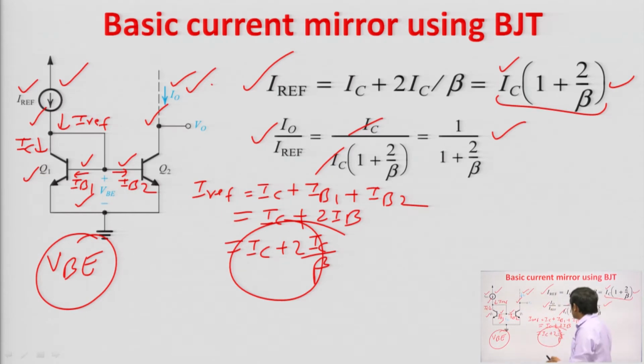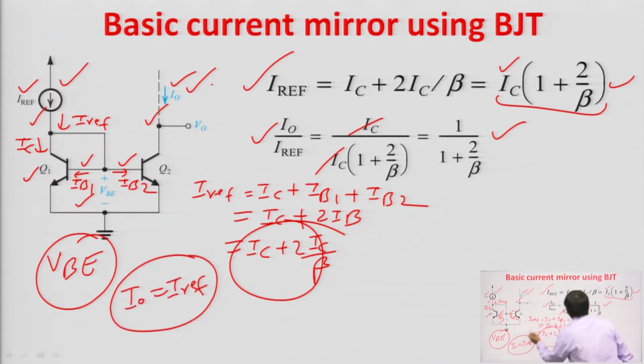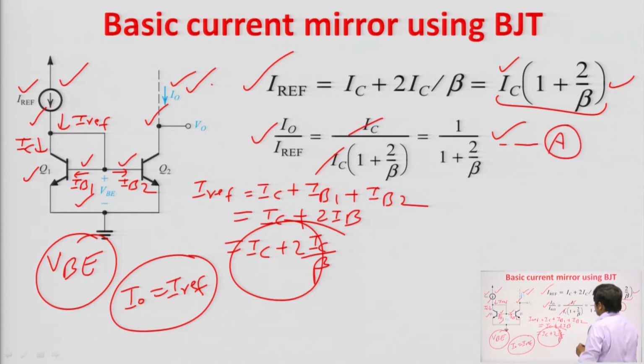fine. So, this is the relation between output current and input current of the basic current mirror, that is 1 upon 1 plus 2 by beta, and of course, what do we want? We want I naught is equal to I reference. So, just see this equation, let us say this is equation A. In which case will we get I naught upon I reference equal to 1?